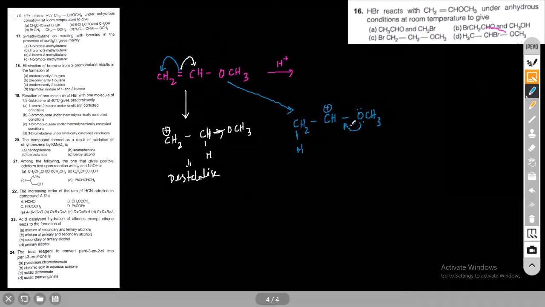This is involved in resonance. This carbocation is comparatively more stable than this one. So this one is comparatively more stable, and Br minus will attach over here, and the product will be CH3CHBrOCH3. Answer will be option D.